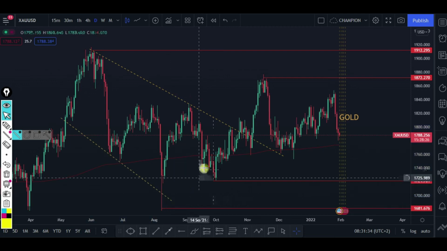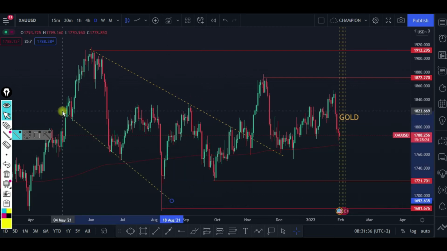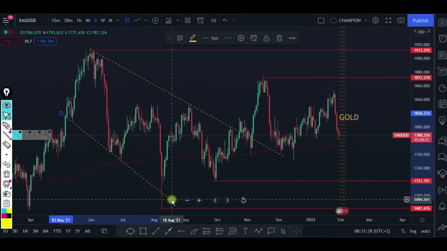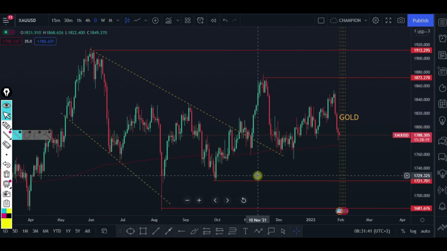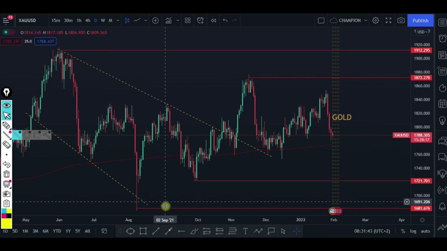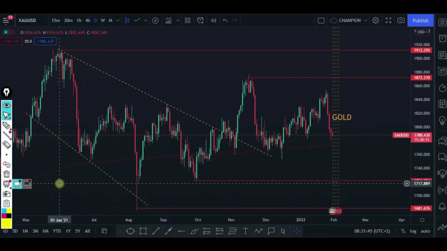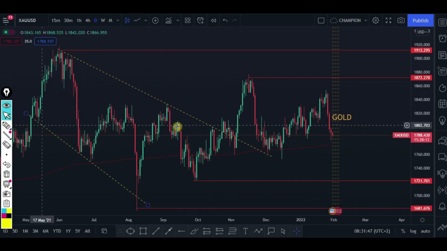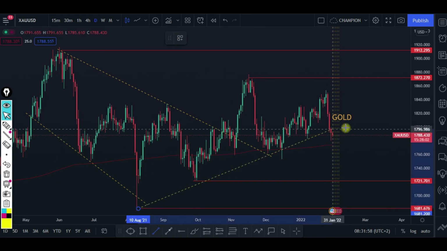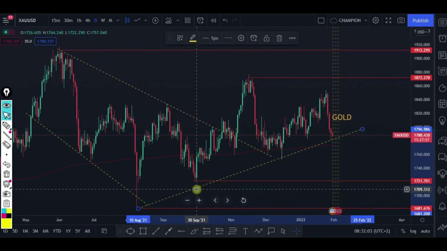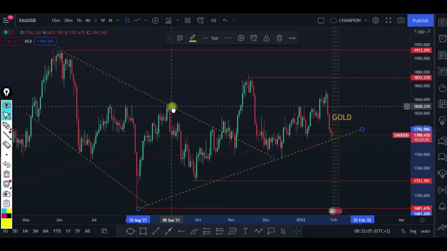Previously the market was in the lower downtrend, and at the present moment, since the market made this move right here and broke out of this downtrend, the market is pushing towards the uptrend. I hope this is very clear to you guys.